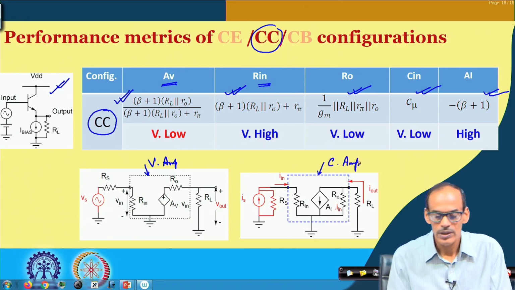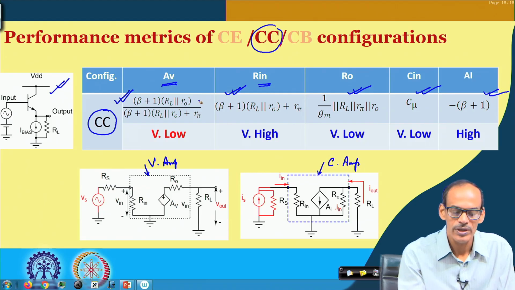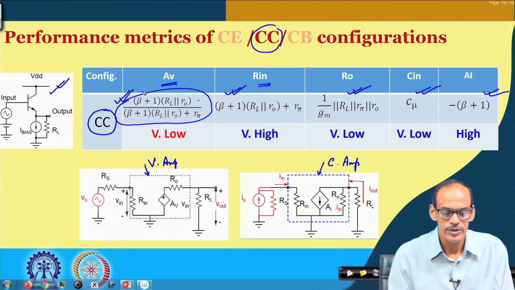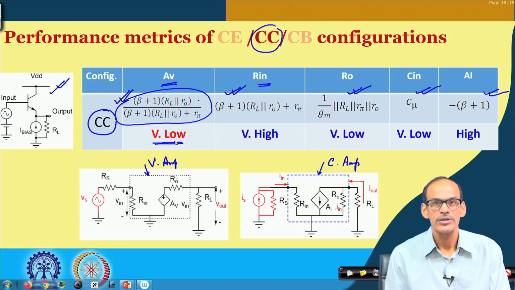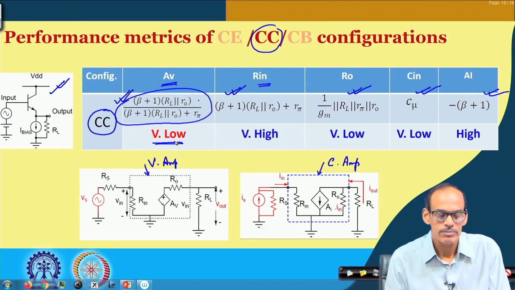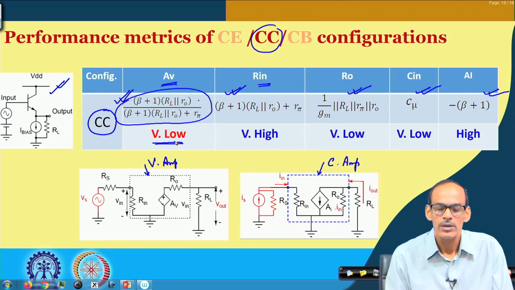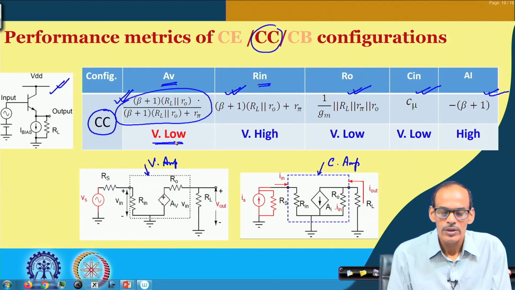Now, if you see this expression here, and if you put in the typical values, it can be easily obtained that the gain is very low. In fact, mathematically it is lower than 1. It may be close to 1, but it is less than 1.